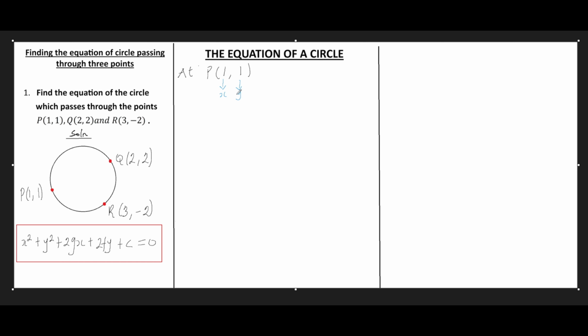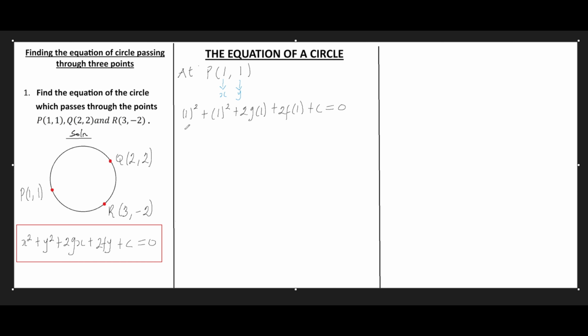Anywhere we see y, we substitute 1. So we have 1 squared plus 1 squared plus 2g(1) plus 2f(1) plus c is equal to 0.